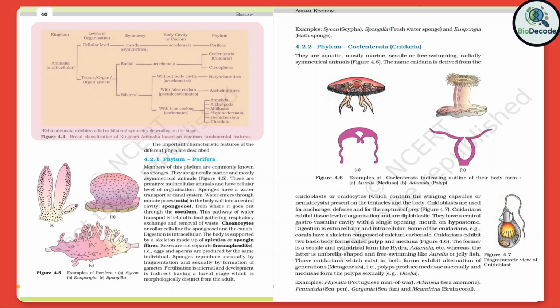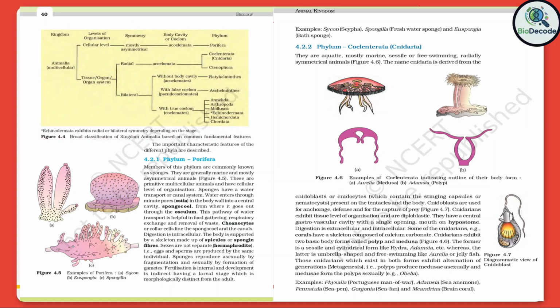The figure emphasizes the evolutionary transition from simple asymmetrical sponges, Porifera, to more complex bilaterally symmetrical coelomate chordates. Each branching point represents the emergence of a new structural innovation that defines a distinct phylum. This evolutionary roadmap helps students visualize how animal complexity evolved step by step over time.